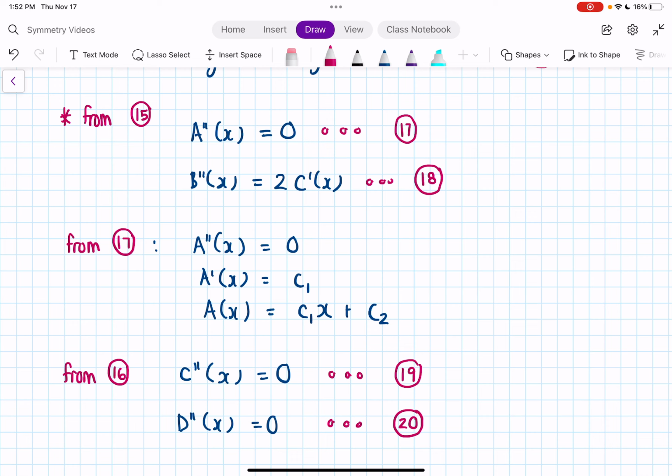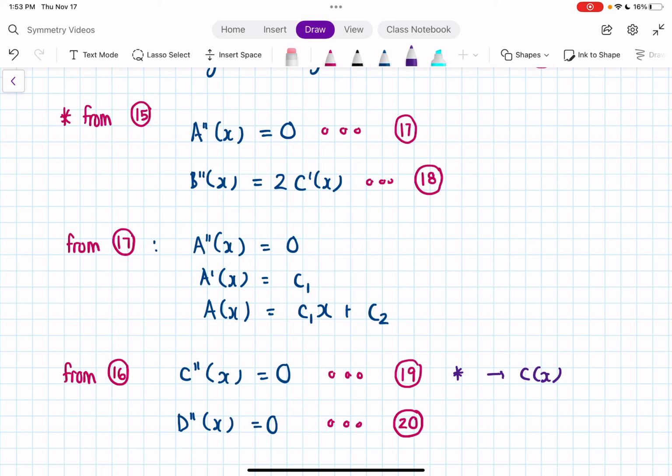And I think what I'm going to do is I'm going to leave it to you to try to get C of x, D of x. Once you have your C, from this you're going to follow what I did above and then get your definition of C of x.